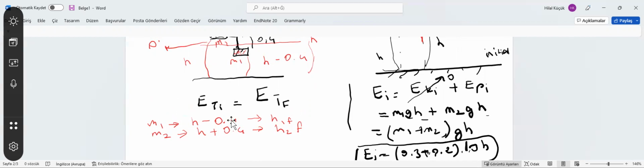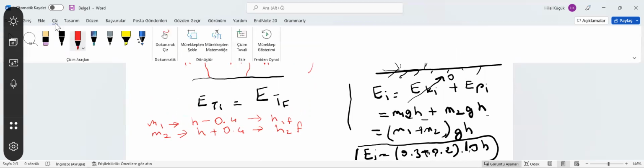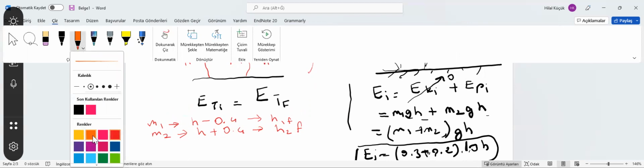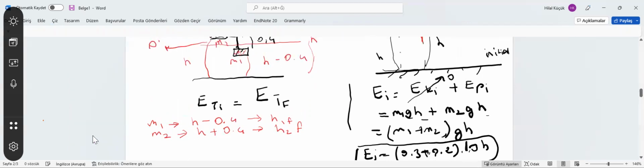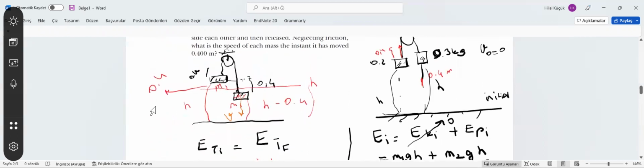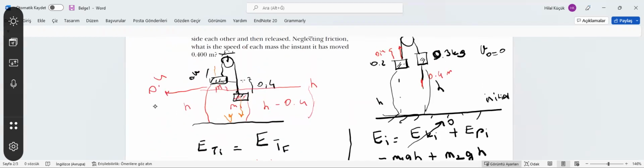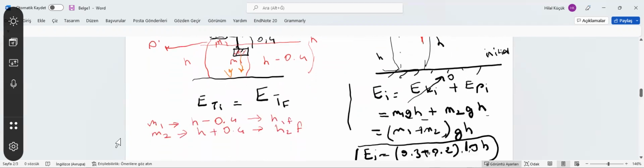Now I think we can use the same thing. I know there is velocity here. Say this is V. Of course, the other part will move with V because they are attached to each other.